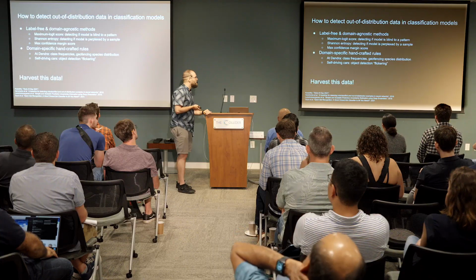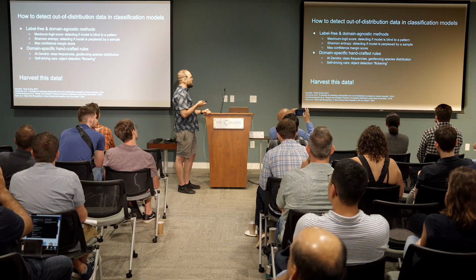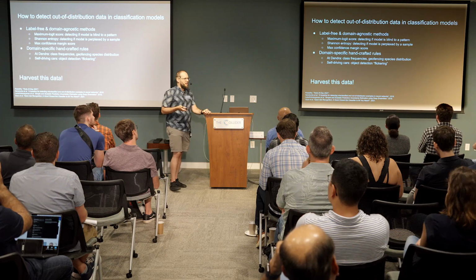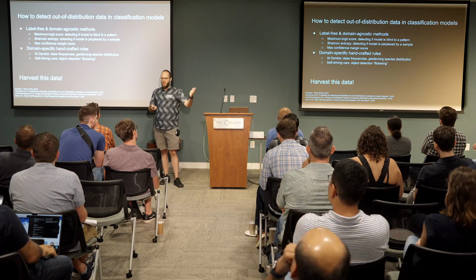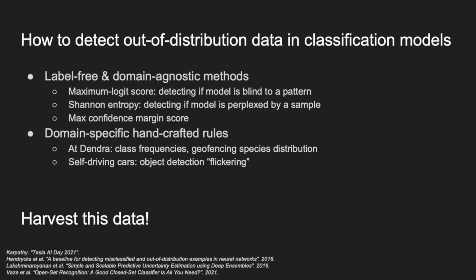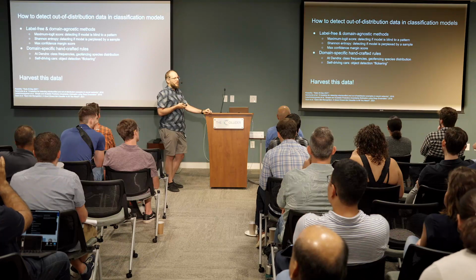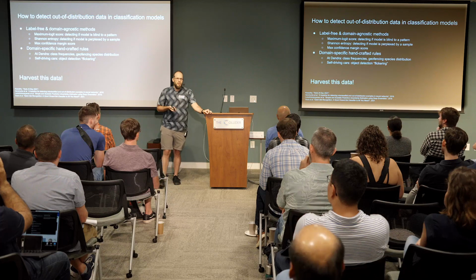There are different ways of detecting so-called out-of-distribution data. There are label-free and domain-agnostic methods, which unfortunately for a 20-minute talk, I can't really dive into, but feel free to chat with me afterwards if you want to get into the nitty-gritty. But typically, you can't avoid these handcrafted rules to detect when your model is misbehaving, and you've got to rely on your expertise, unfortunately.